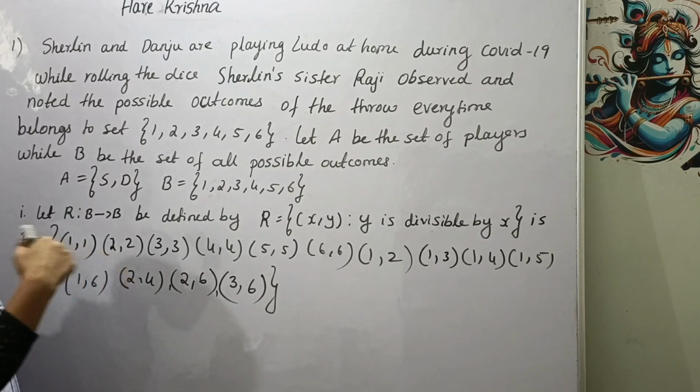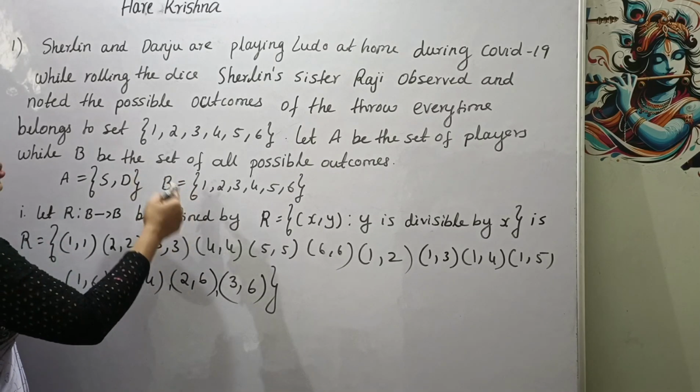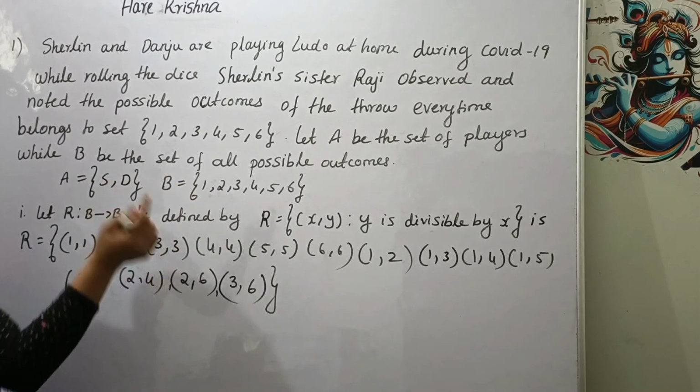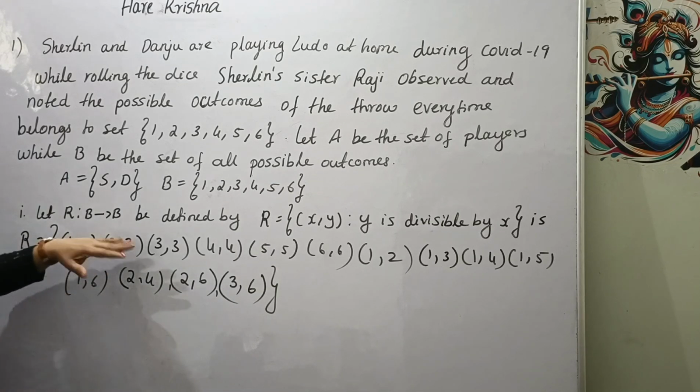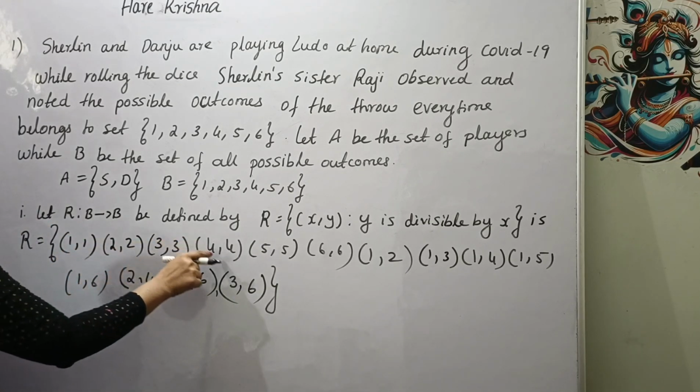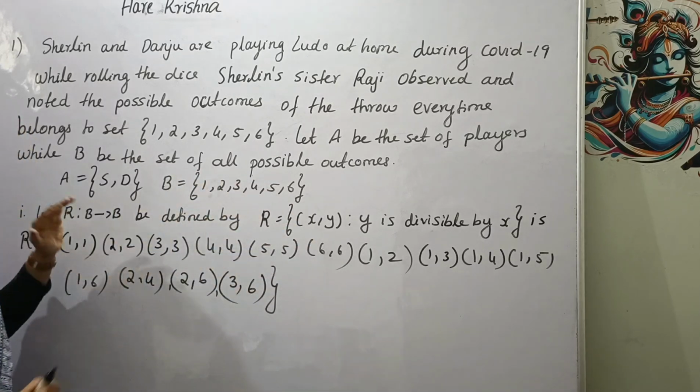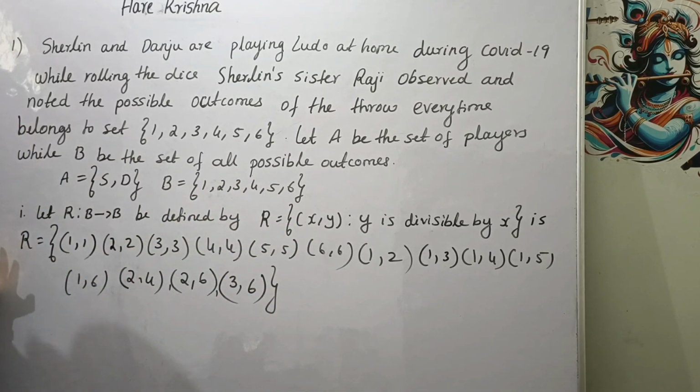Therefore, for reflexive, (1,1), (2,2), (3,3), (4,4), (5,5), (6,6) should be in this relation, and they belong to R. Therefore, this R is reflexive.